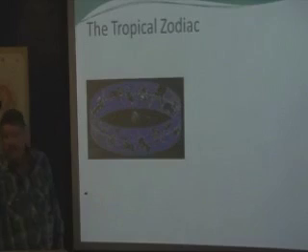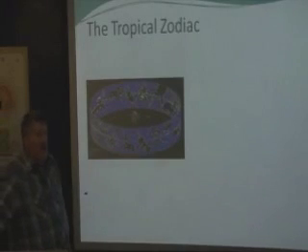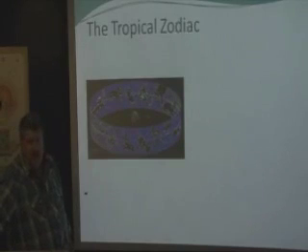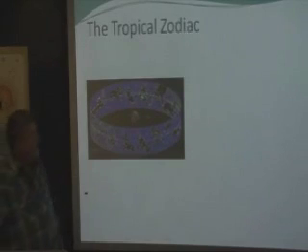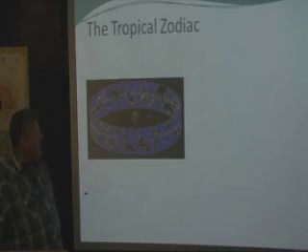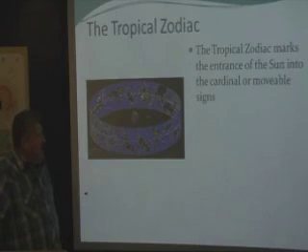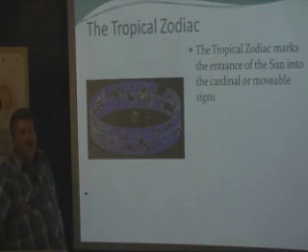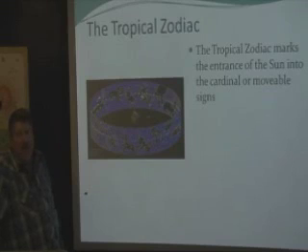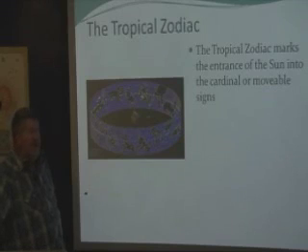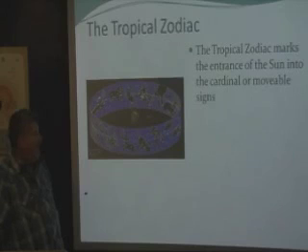So, this takes us to the term tropical zodiac. We've just discussed the Tropic of Cancer and Tropic of Capricorn. And so the tropical zodiac basically marks the entrance of the sun into what are called the cardinal or movable signs. When we talk about the cardinal points, we are basically looking at north, south, east, west, or we're looking at the solstices and the equinoxes.